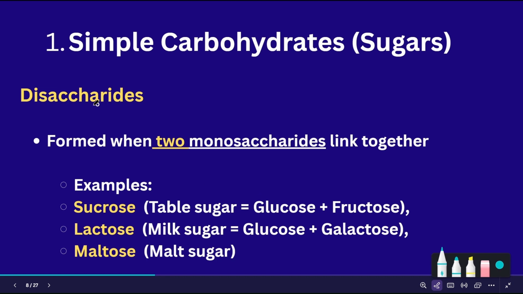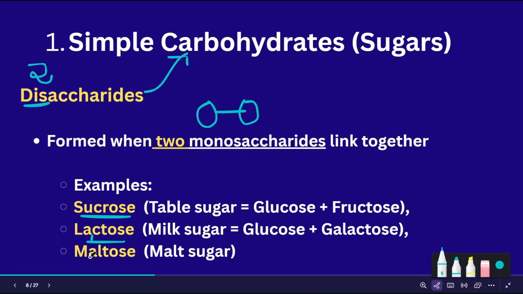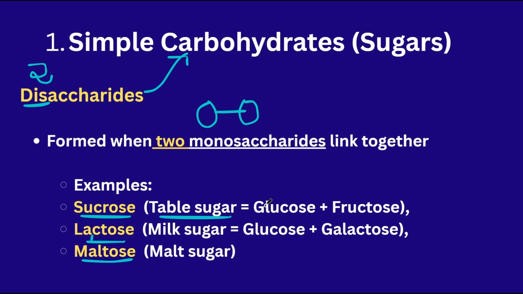Disaccharide. Di means two, right? These are two sugar units. The two sugar units are combined to form the disaccharide type of simple carbohydrate. Examples are sucrose, lactose and maltose. Sucrose is also called table sugar. One glucose and one fructose combine to form the disaccharide sucrose.